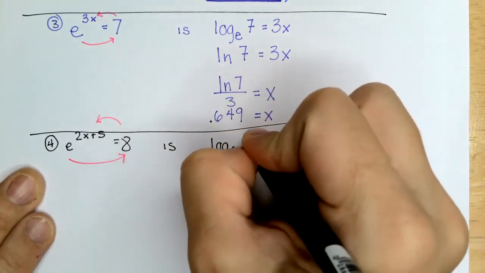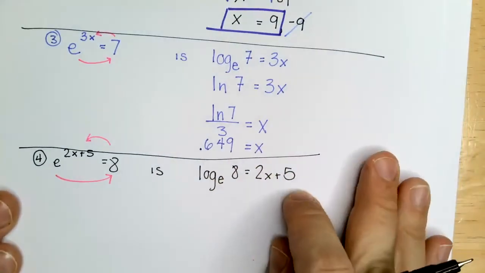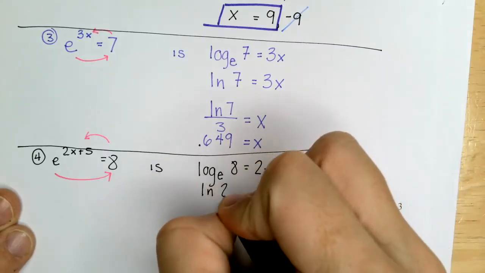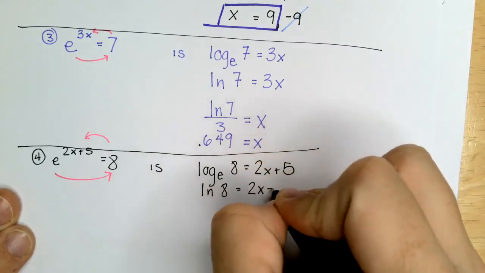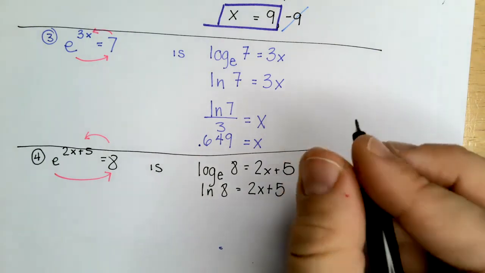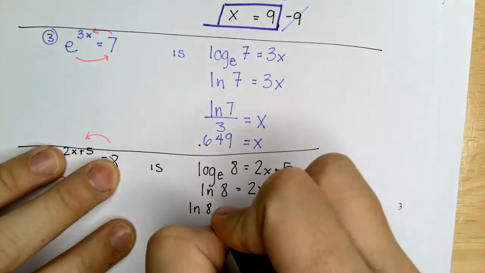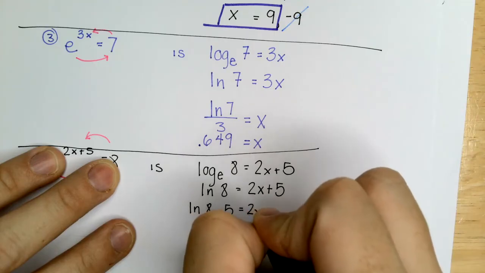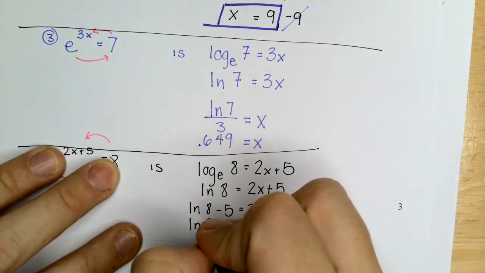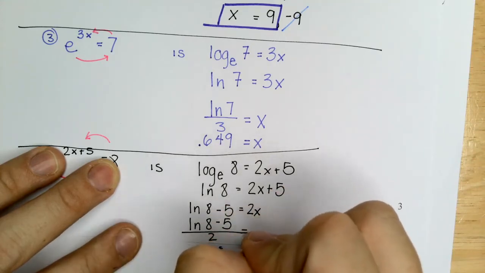Log e translates to natural log, so natural log of 8 equals 2x plus 5. Good. We're going to subtract 5: natural log of 8 minus 5 equals 2x. We're going to divide by 2 and say the natural log of 8 minus 5, divided by 2, is x.